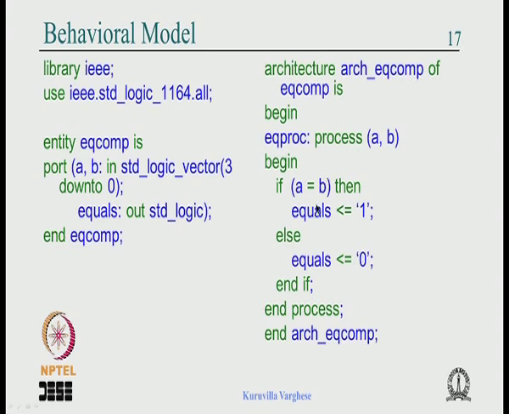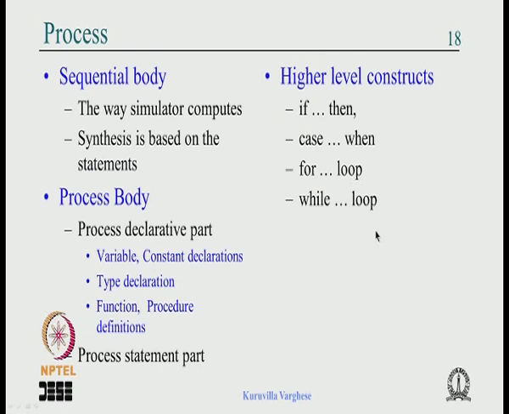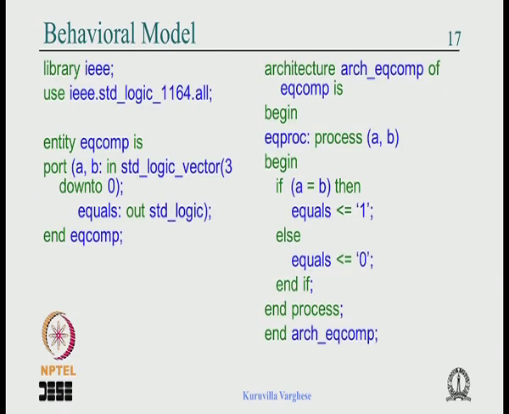So that you keep in mind, that's the idea of a process, and I told about how the simulator looks at it, how the synthesis tool looks at it, and you use higher level constructs for the behavioral model. Even in this process there is a declaration region before the begin and the statement region after the begin. Here you cannot declare a signal as in the case of an architecture, you can declare a variable now.